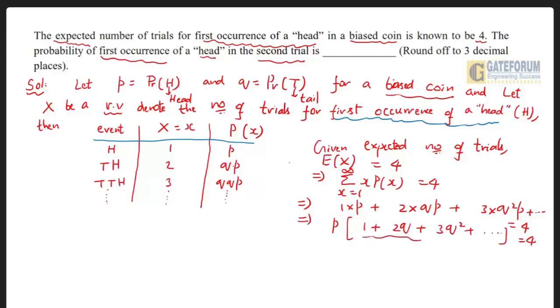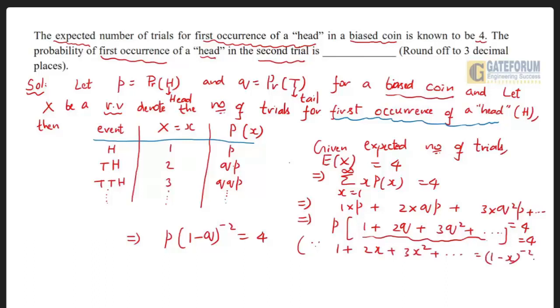Now this is an AGP, arithmetic geometric progression, or some standard binomial series expansion, 1 plus 2x plus 3x square, etc. So this simplifies to P times 1 minus Q whole to the power minus 2 is equal to 4. Since 1 plus 2x plus 3x square plus so on is equal to 1 minus x whole to the power minus 2, on one condition, minus 1 less than x less than 1. Whenever x value lies between minus 1 to 1, this expansion is valid, that is convergent.